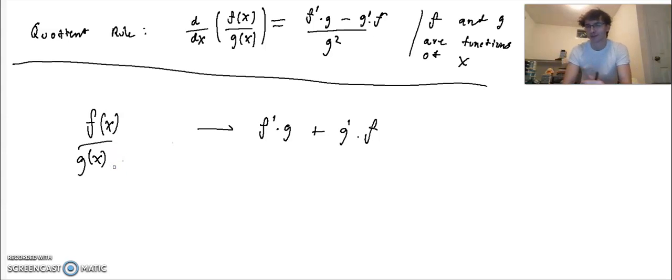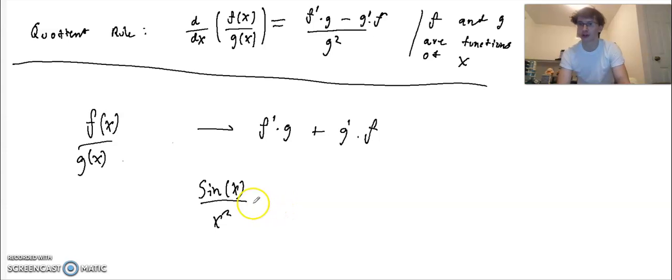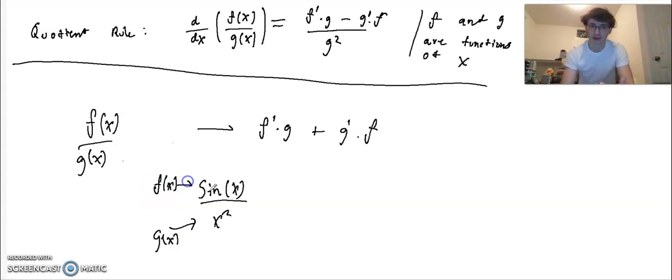And also, out of all of the rules, this is probably the least important, because there are so many times where, say you have sine of x over x squared, you can use the quotient rule here, this can be g of x, this can be f of x, but it's just a lot easier if we move this to the exponent, so x to the negative 2, and then we do product rule.